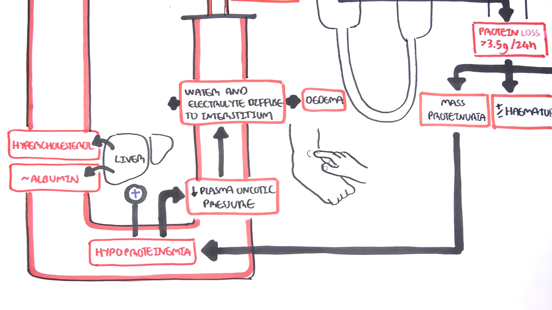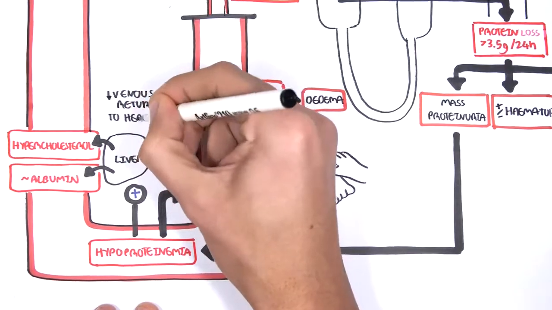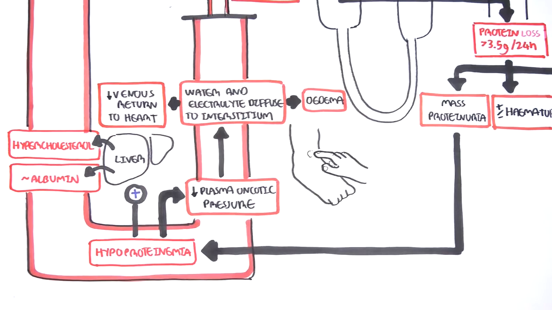Now, the movement of water and electrolytes means that there will be a decrease in volume in the vascular compartment. There will be decrease of volume in the circulation. This decrease in volume means that there will be a decrease in volume returning to the heart. So there will be a decrease in venous return to the heart.